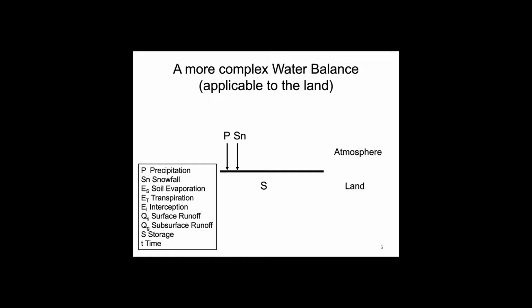That water will infiltrate the soil, so we have a change in the storage term S. When the soil is saturated and no more water can infiltrate the surface, then any further precipitation that falls will flow across the surface as surface runoff, QS, which flows into our rivers, reservoirs, etc. Water in the soil also drains through to the water table, so we also have subsurface runoff and deep drainage, which is represented here as QG.